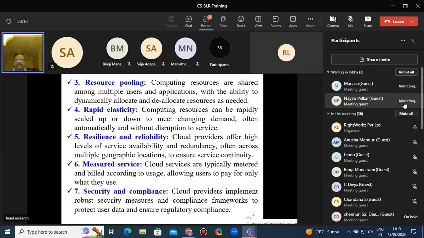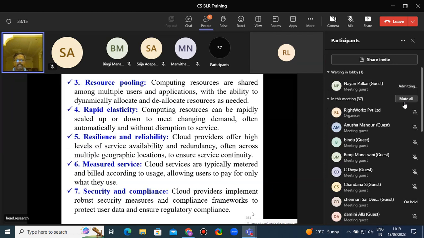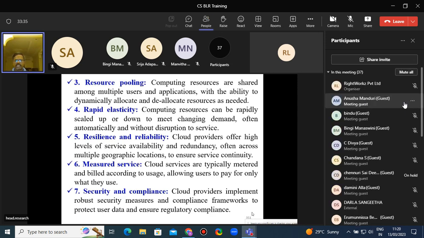Cloud services are typically metered and billed according to usage, allowing users to pay for only what they use. Seventh one is security and compliance. Cloud providers implement robust security measures and compliance frameworks to protect data and ensure regulatory compliance.